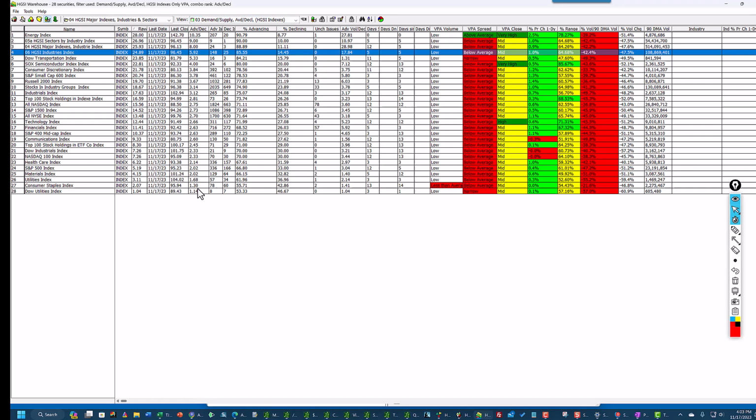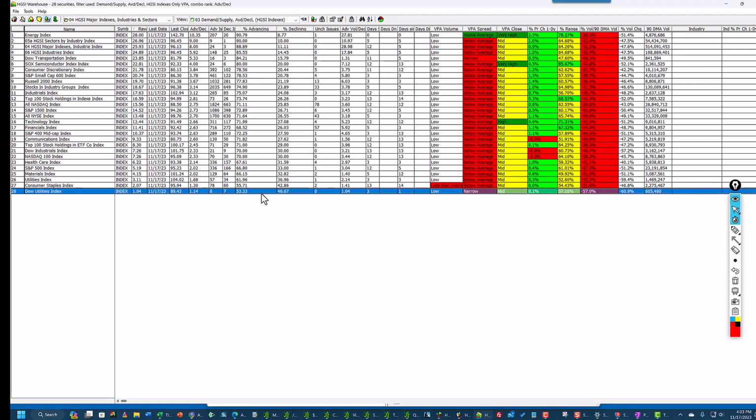It was a strong day. Even the utilities, which was the weakest group according to percent advancing to declining, was 1.14 positive, or 53% of these stocks were up and 46 were down.